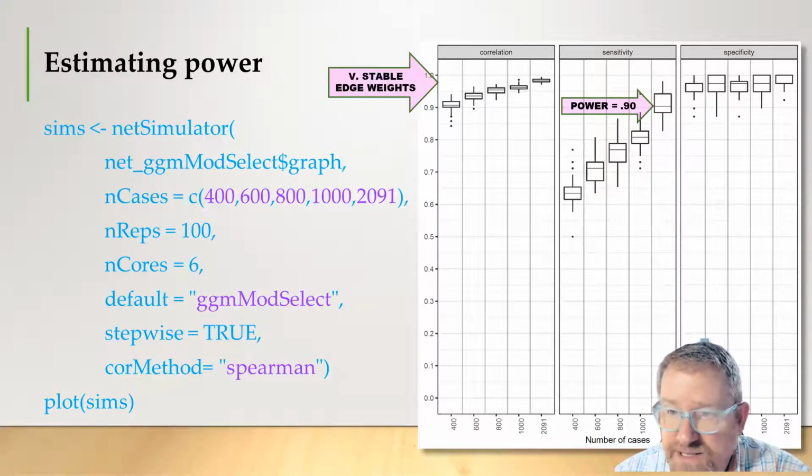This is sensitivity. So this is my power to detect the edge weights that I believe are real. I have a median power of about 90%, which is good. And even the full distribution of that doesn't go down below 0.8. And specificity is even better. My ability to accurately detect edges as not significant was pretty darn close to 1.